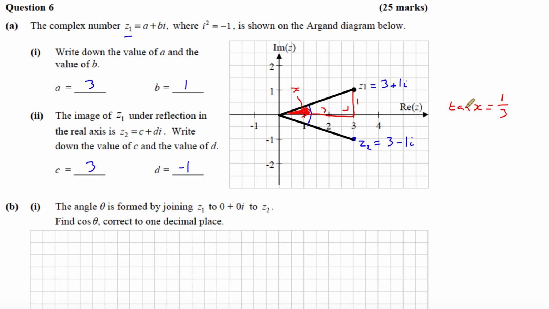So if the tan of the angle x is 1 over 3, well then the angle x is the inverse tan of 1 over 3, and the inverse tan of 1 over 3 is 18.4349 and so on degrees. Okay, so that's the angle x.